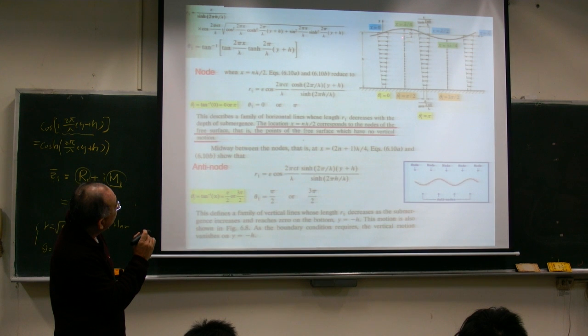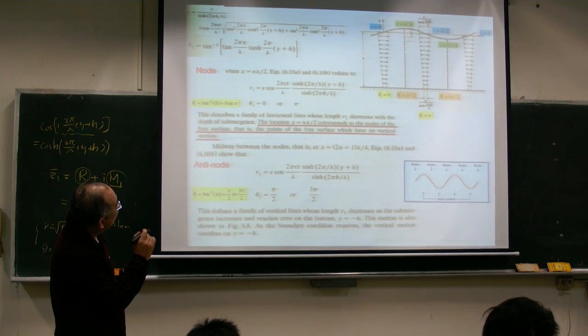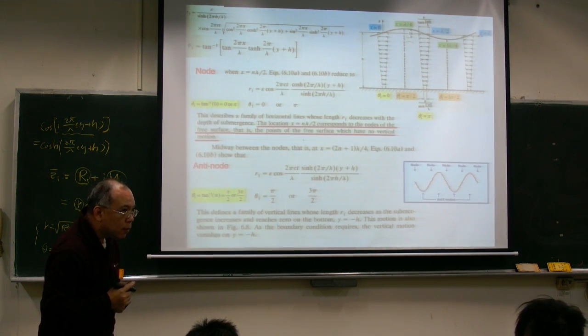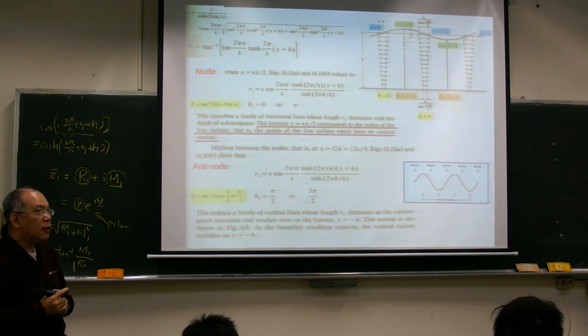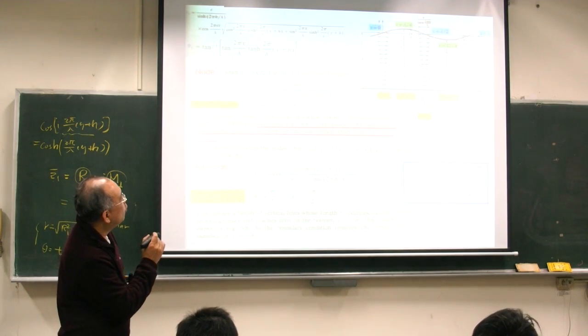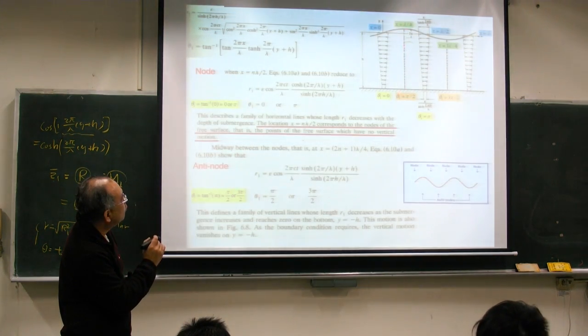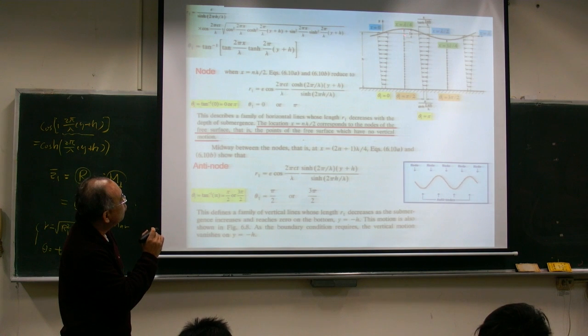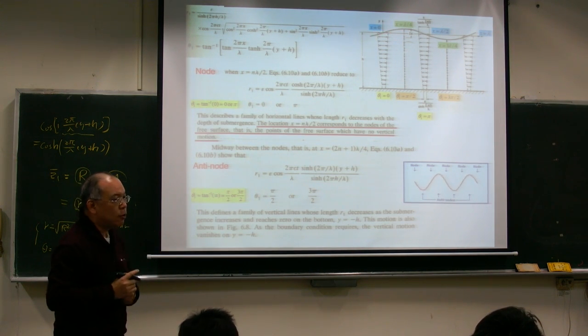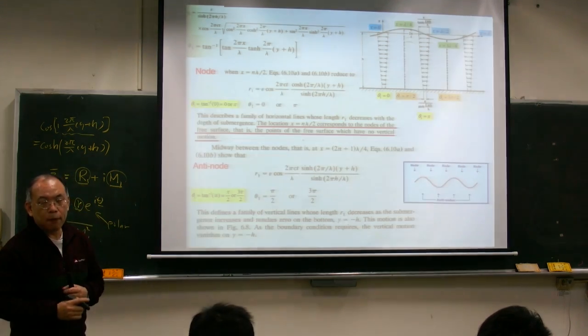That means they move upward or downward, right? So the particle at a certain location only moves, for this location, downward and upward. That's vertical motion, oscillation. And for this location, they move only horizontally, back and forth.